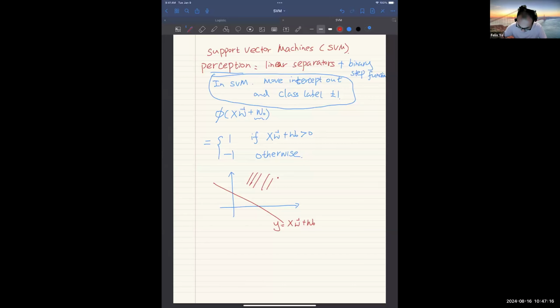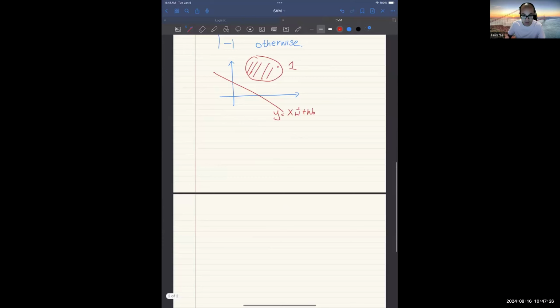I'm going to categorize everything right here as class 1. If we plug in a point and the value is negative, it will be somewhere here, and this will be -1.